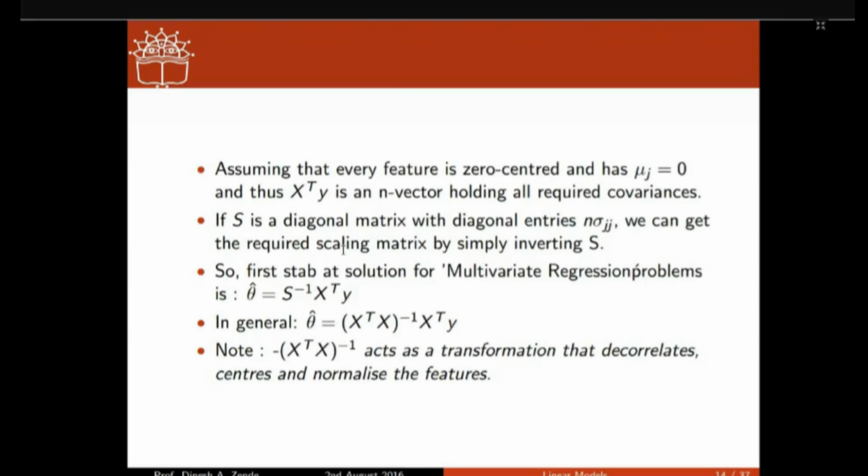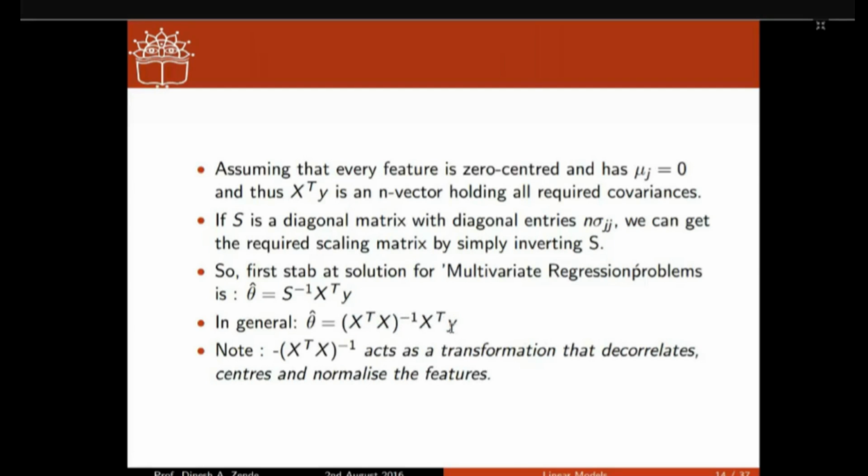So find the scatter matrix, invert it to get a scaling matrix, and multiply it with X transpose Y. Ultimately theta cap can be estimated as X transpose X inverse times X transpose Y.